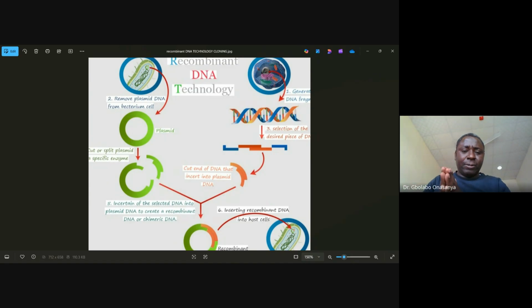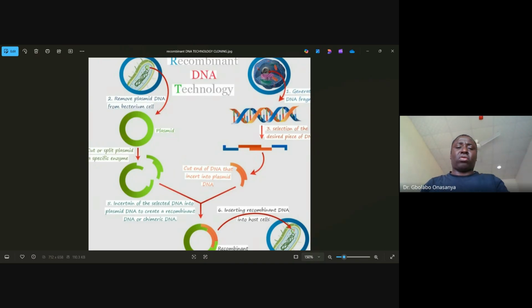Fantastic. Then you need EcoR1, which is a restriction enzyme. You need a host organism, a host bacterium, for instance E. coli.